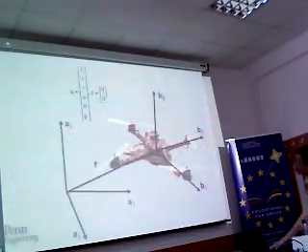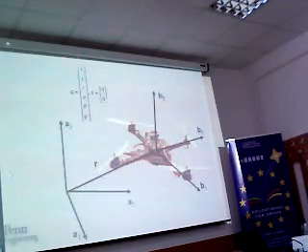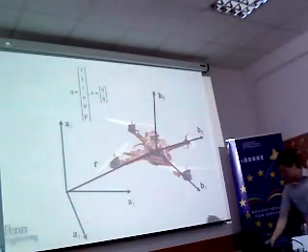The position is the x, y, z, and this is the orientation with the angles, right? So the state will be the q and q dot. So we have the 12-dimensional vector of the state.